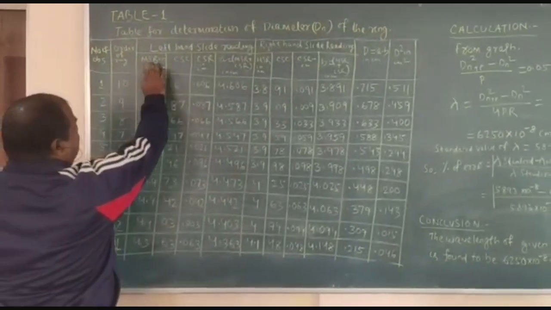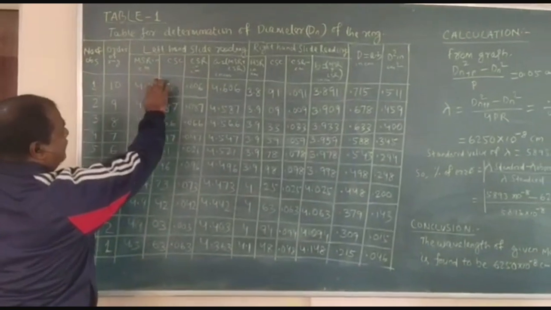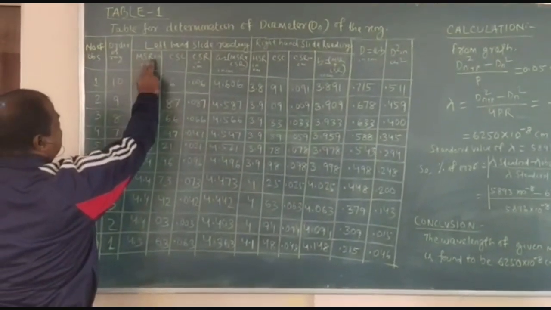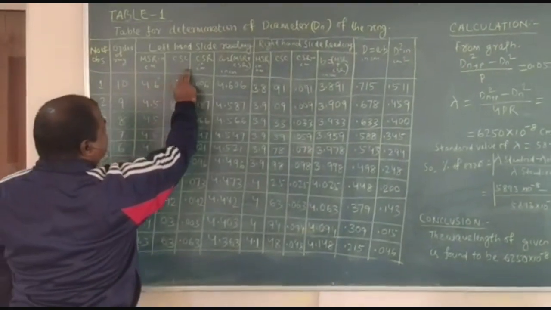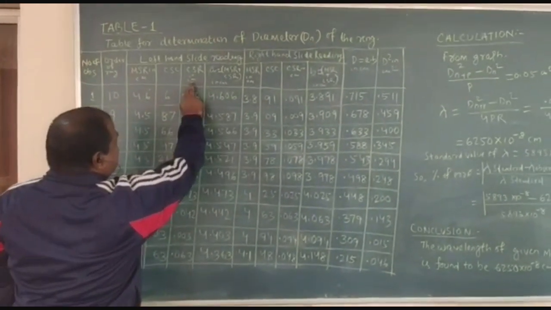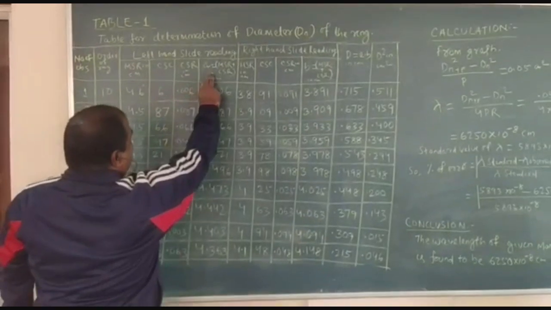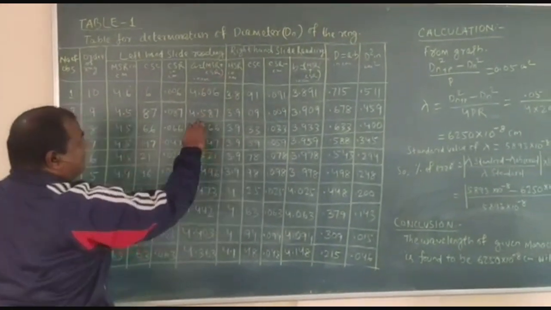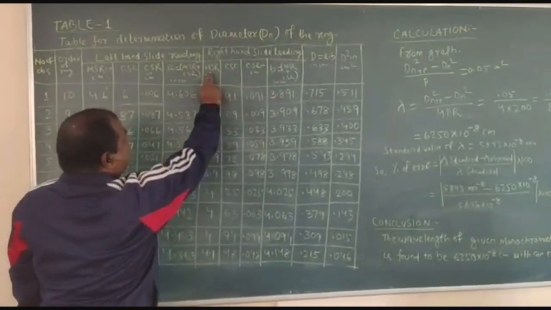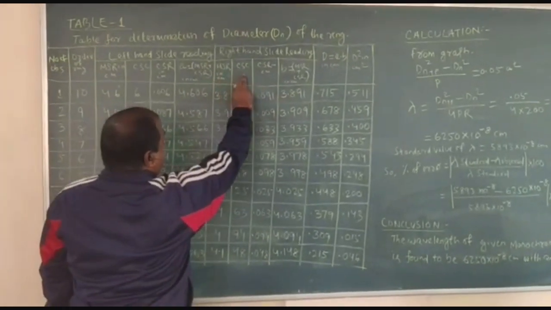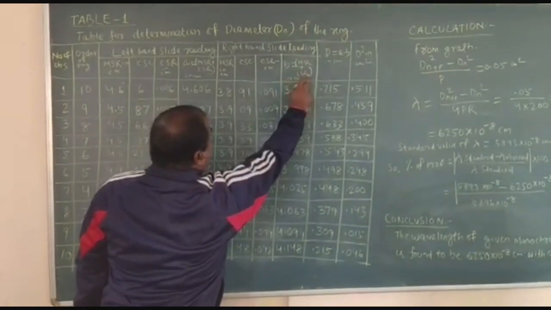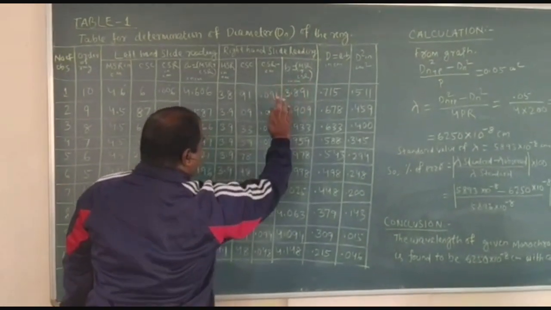And the left hand side reading will be divided into 4 sub-columns: main scale reading MSR in centimeter, circular scale coincidence, circular scale reading in centimeter, that is A, which is main scale reading plus circular scale reading. Similarly, in the right hand side reading: main scale reading in centimeter, circular scale coincidence, circular scale reading in centimeter, and B is main scale reading plus circular scale reading in centimeter.